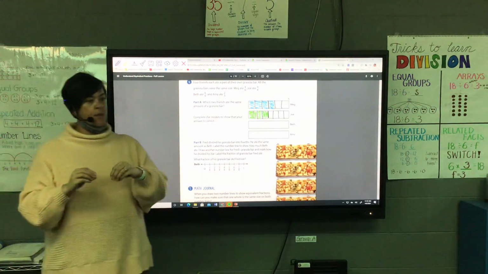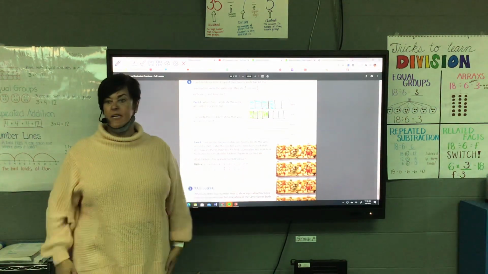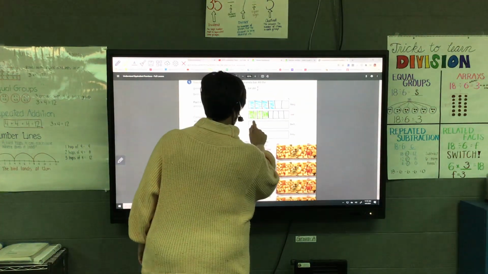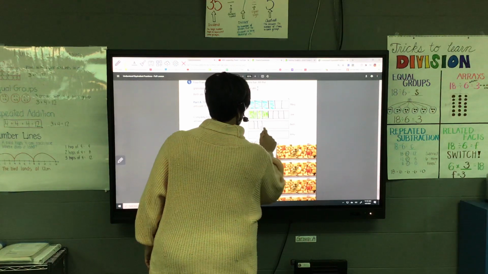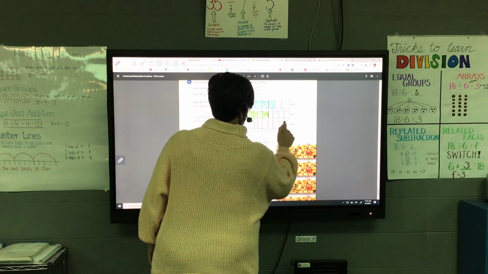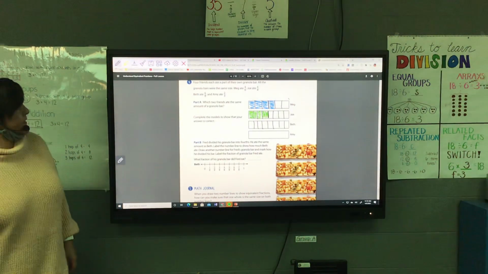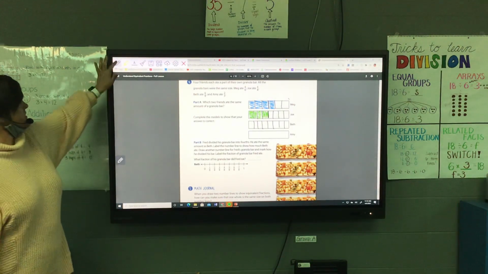6/8. So her bar is broken up into how many equal parts? 8, just like Joe's was. So I'm going to use the same line system that I used for Joe because it's both 8 parts.